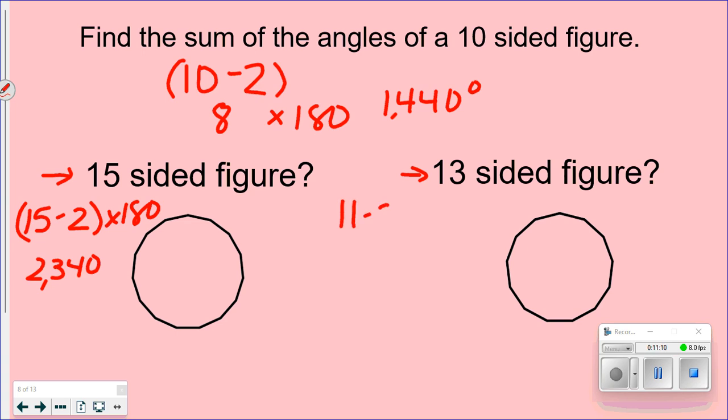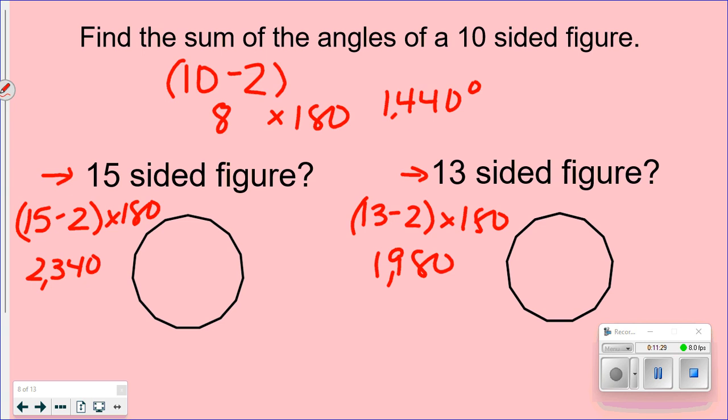Oh, I'm sorry, 13 minus 2. This will be this. Okay, so this is the total sum of all the angles inside there.